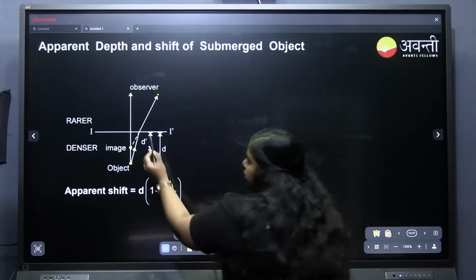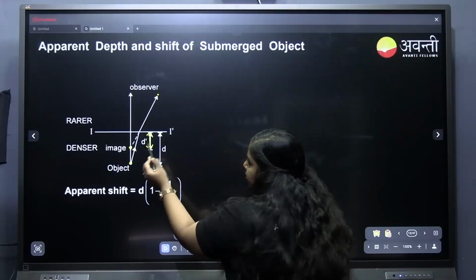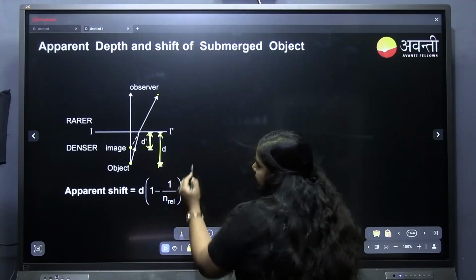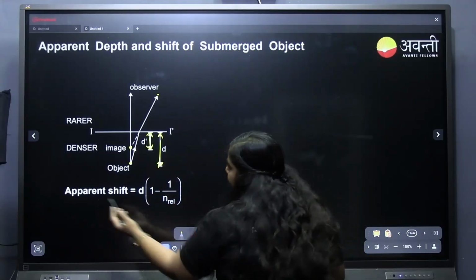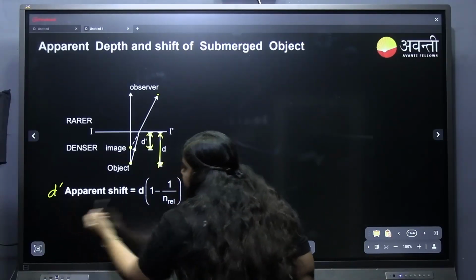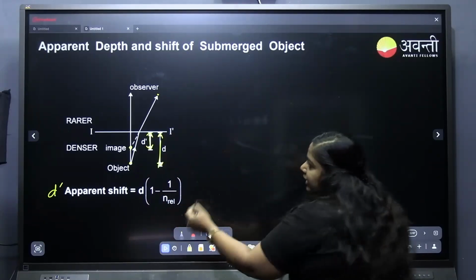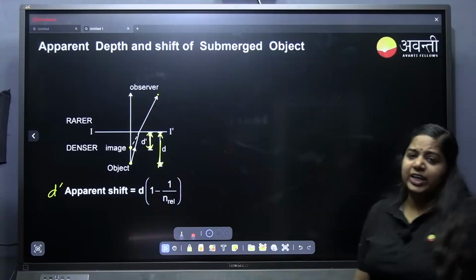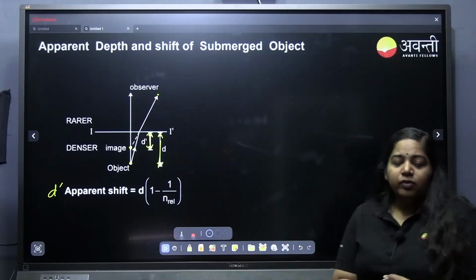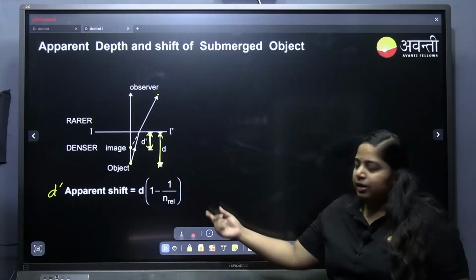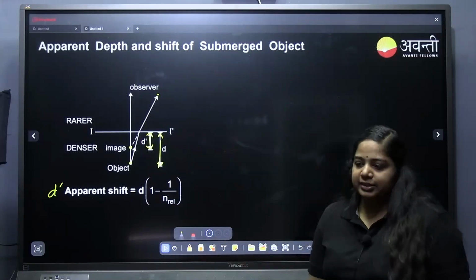This is the apparent depth, d dash, and this is the actual depth, d. Then the apparent shift d dash is equal to the actual depth times 1 minus n relative, where n relative means relative refractive index. So that's how you find d dash. Is that clear?